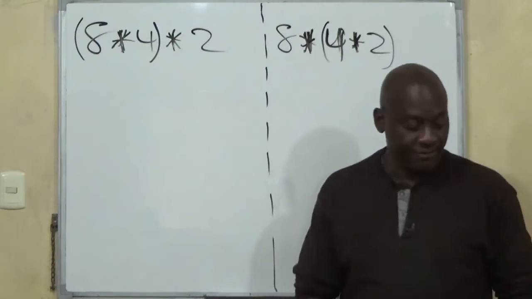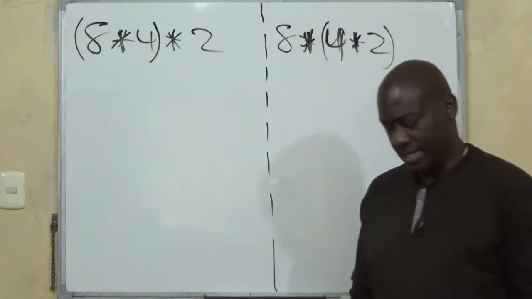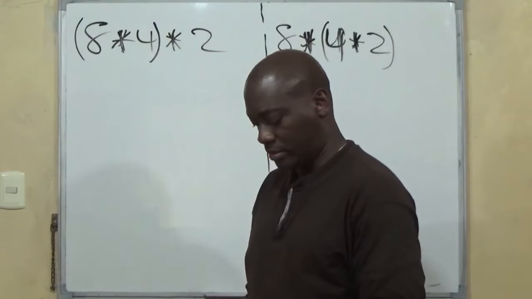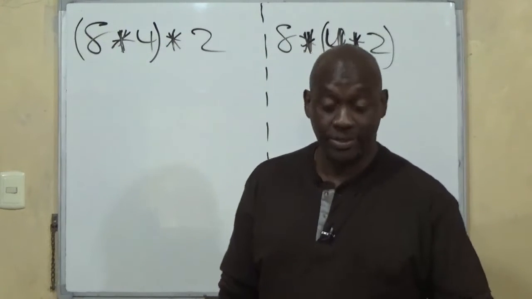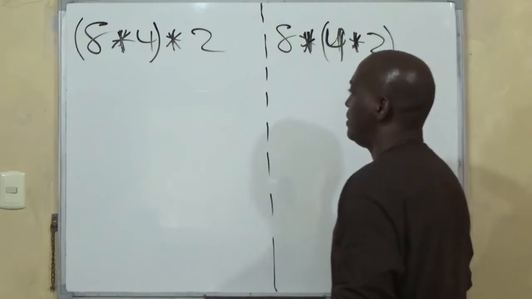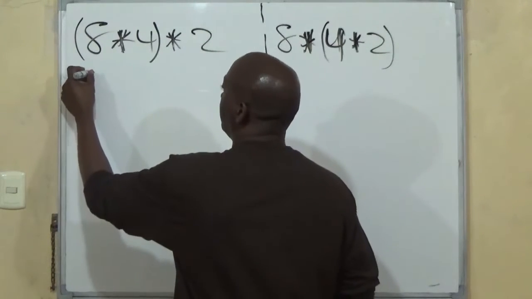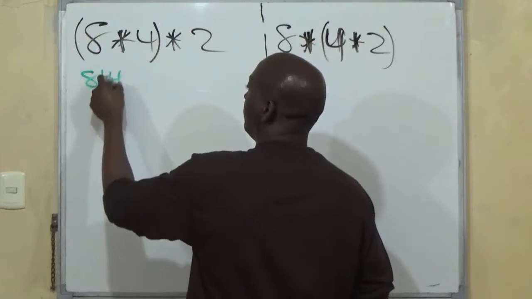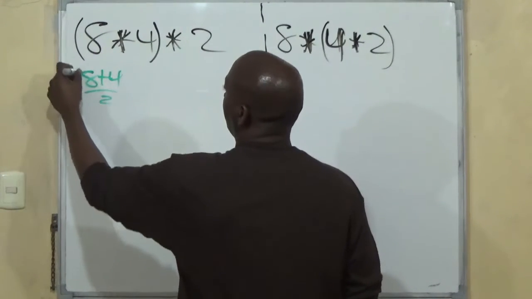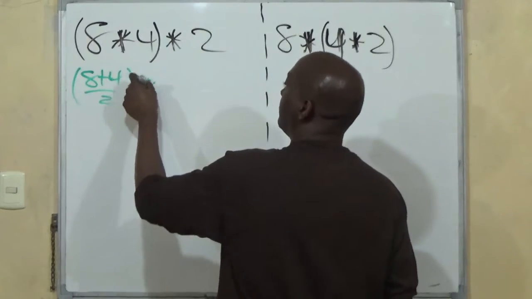So 8 star 4, we already worked that out as what? No, we didn't work that out. So let me do it now. 8 star 4 is what? This will be 8 plus 4 over 2, star 2.